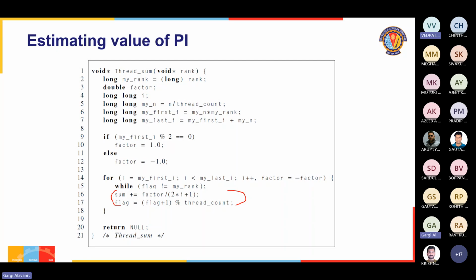Ma'am, could you please explain in which situation which particular style should be used? Spin lock is one style of handling a critical section. Then we have locks, the condition variables which we saw last time, then semaphores.